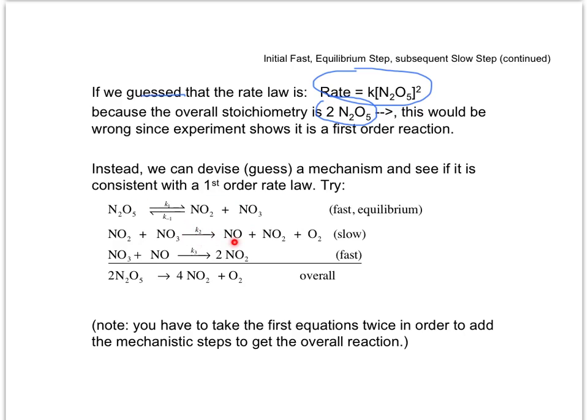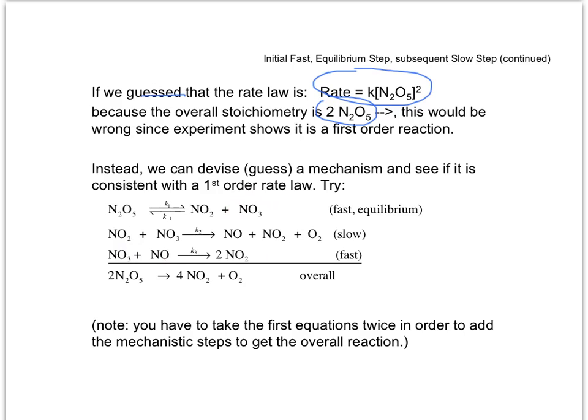They react to form NO2 and O2. And then once the NO is formed here, it'll react with any NO3 that might have been established in the first step. So in the third step, we get the NO3 and the NO combining to form two NO2s.